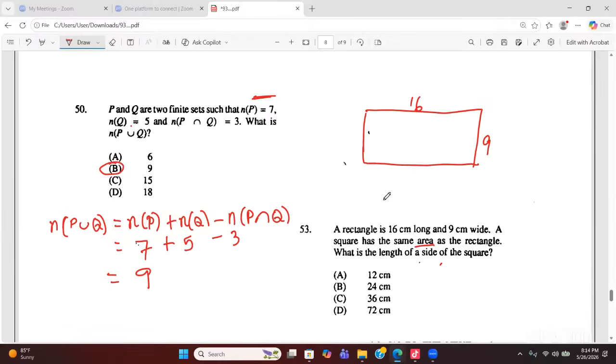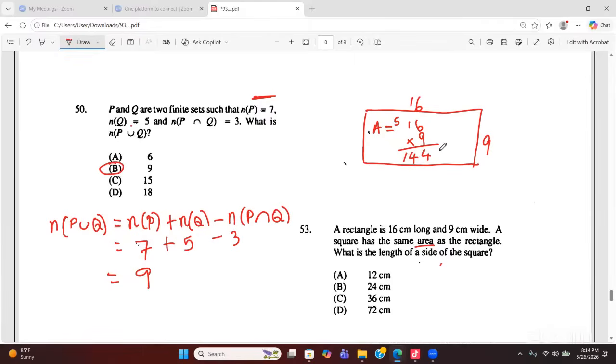So what you want to do with this question is find the area of this first, because they are saying the square has the same area. Area is 16 times 9. You work out your thing. 6 nines, 54. Put down your 4, carry 5. 9 times 1 is 9, plus 5, 14. 144. This number is a nice number.